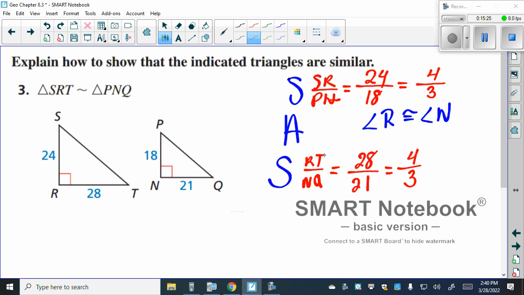It's just adding in those links to compare them and show that these are proportional. But that's all we would need.